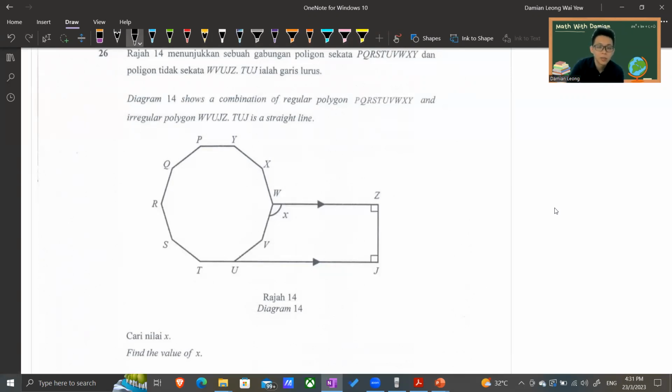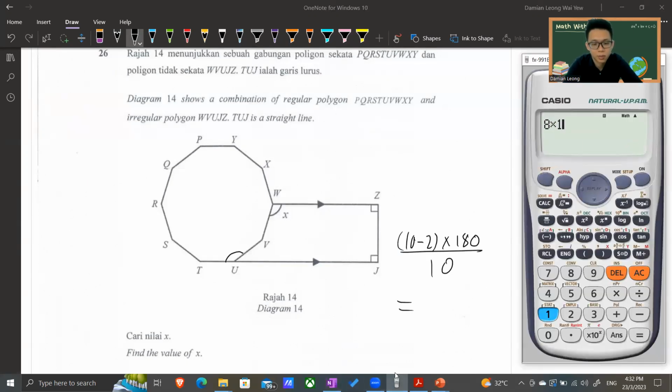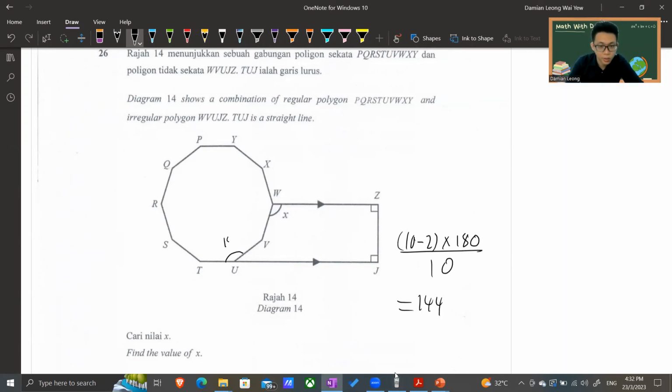But for a regular polygon, each interior angle is the same. So we just divide by the number of angles, which is the same as the number of sides. Then we'll be able to find the value of each interior angle. So there's 1, 2, 3, 4, 5, 6, 7, 8, 9, 10 sides. Means total interior angle 10 minus 2 times 180. Then I divide by 10 sides. So 8 times 180 divided by 10, 144. Each angle here is 144 degrees.